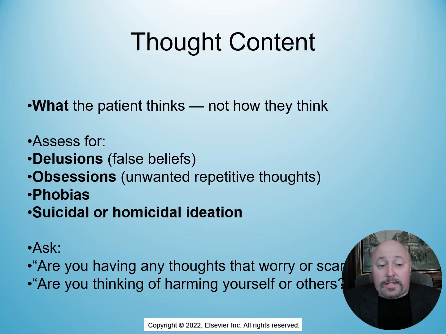When assessing thought content, we want to look at what the patient thinks, not how they think. We're assessing for delusions, false beliefs, any obsessions, unwanted repetitive thoughts, phobias, suicidal or homicidal ideations.